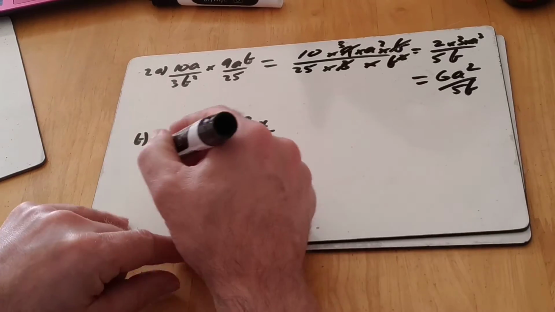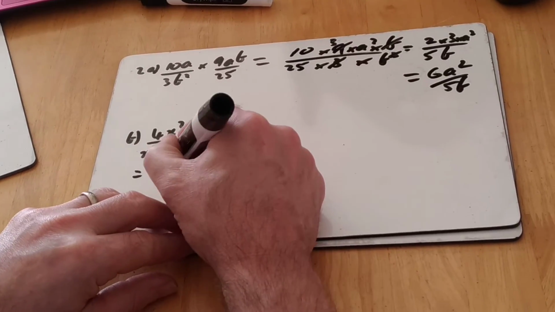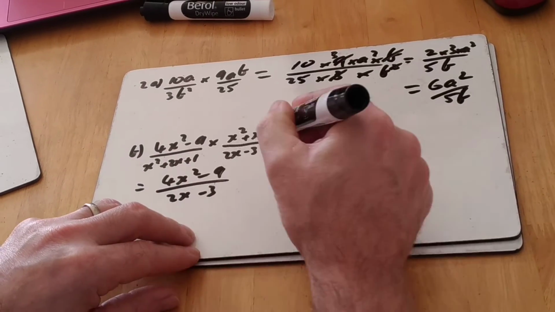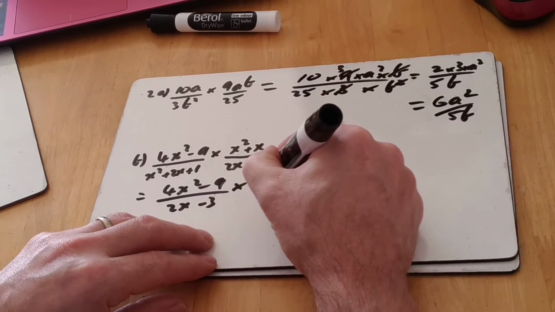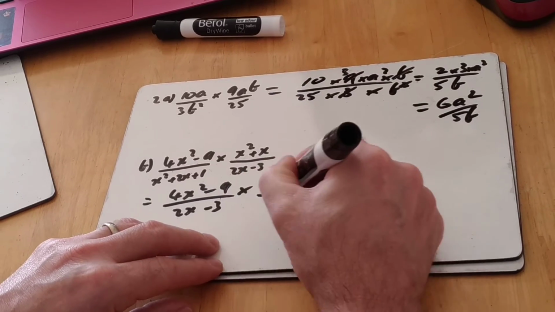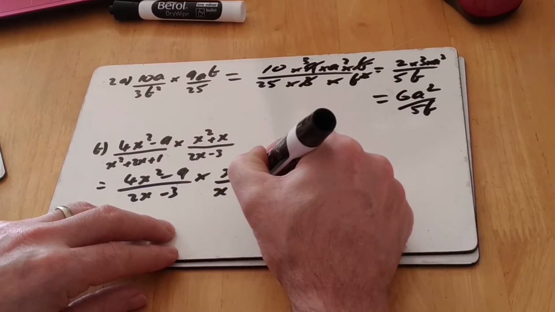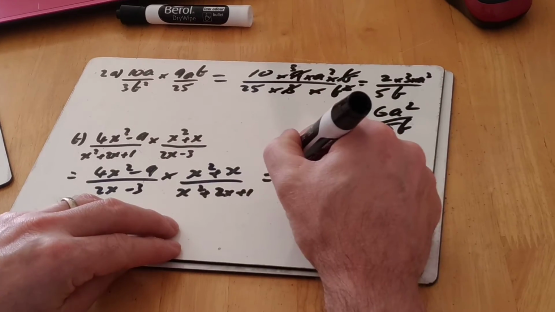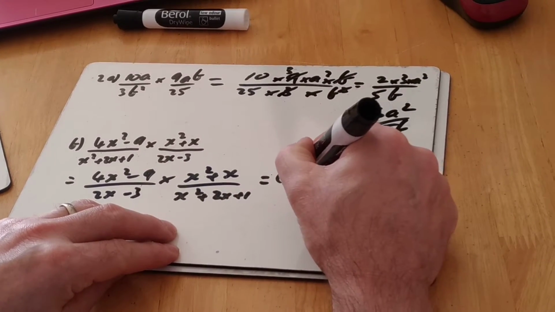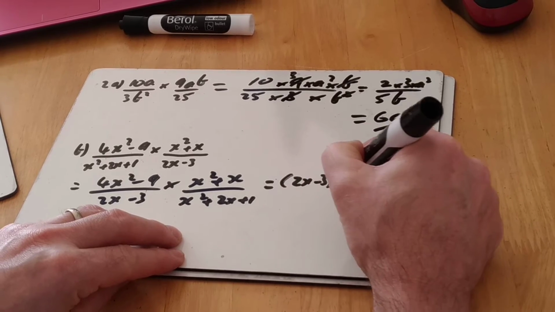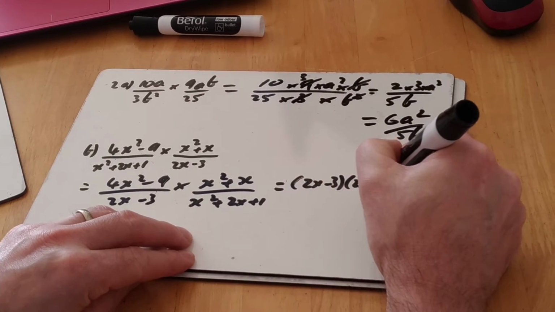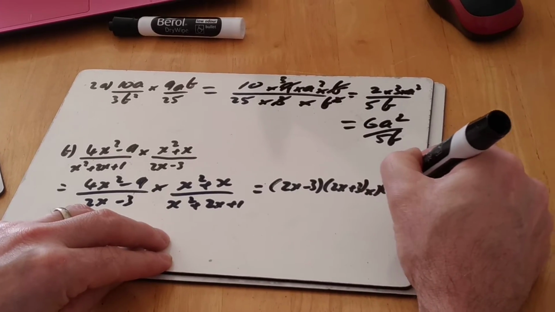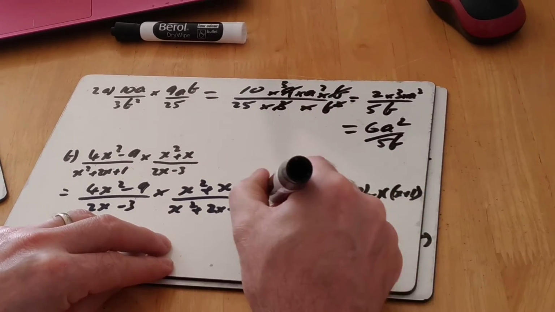And similarly for this one, I can think about this fraction as being 4x squared minus 9 over 2x minus 3, because that's going to be cancelling down, times by the x squared plus x over x squared plus 2x plus 1. And that equals 4x squared minus 9, difference of two squares, 2x minus 3, 2x plus 3, and then times by x bracket x plus 1, squeeze it in.